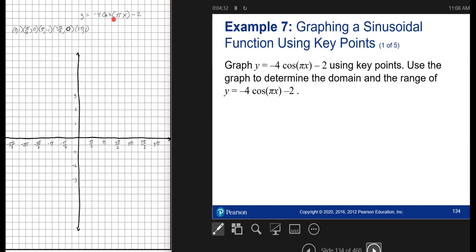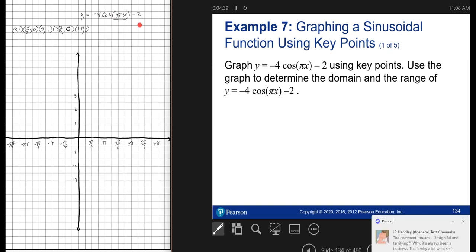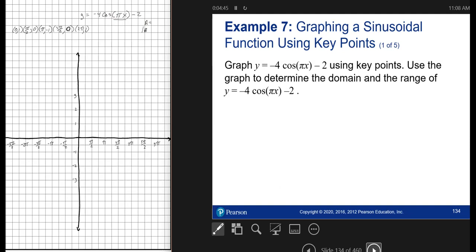So first, what I look at is what's happening to the x. We want to look at what a is. From a we find the amplitude, and then we find out what omega is.